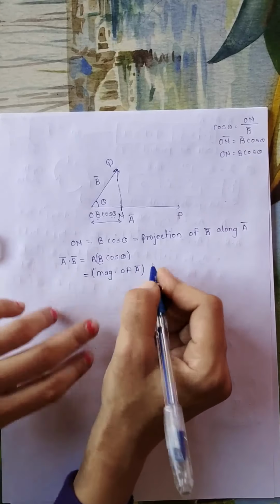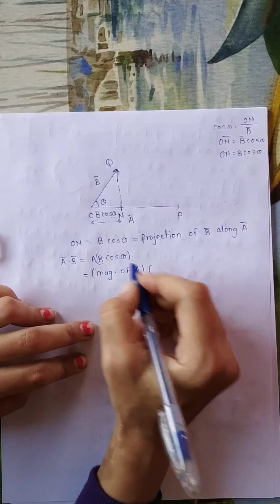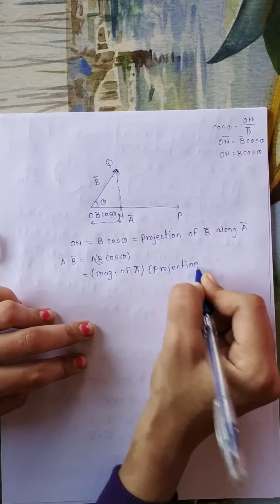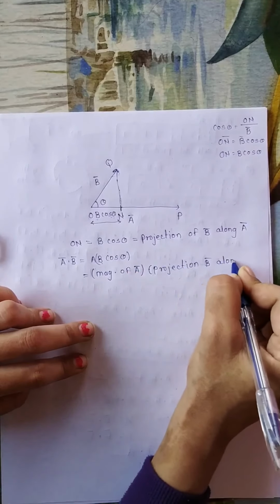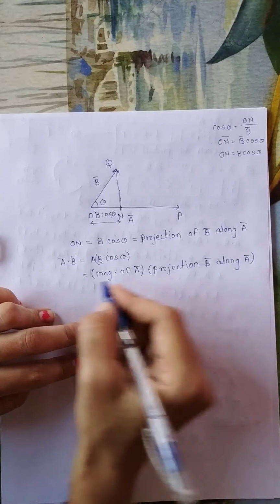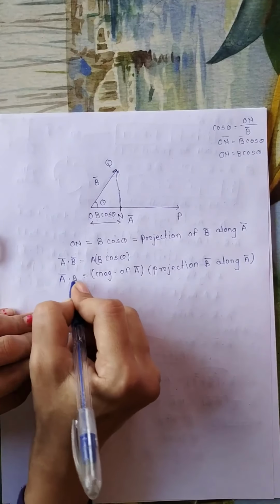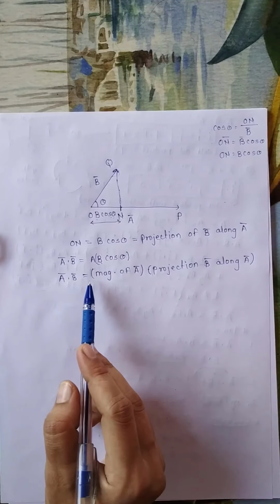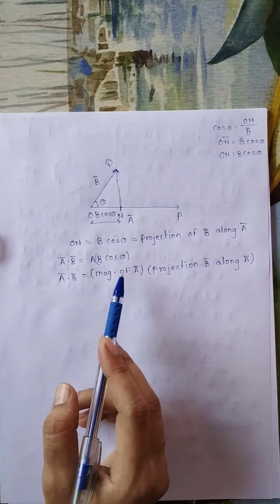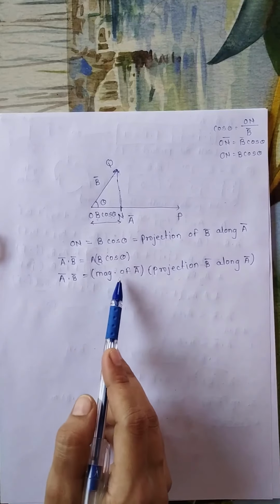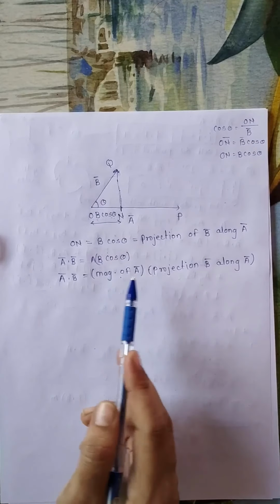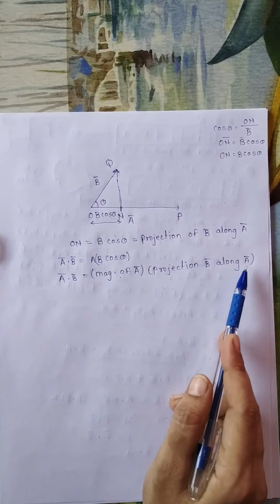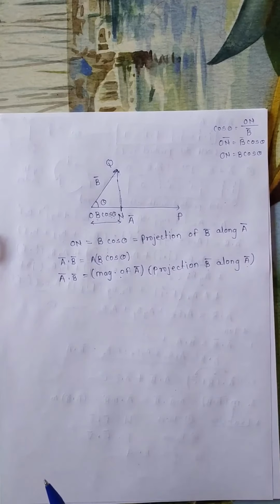So the magnitude of vector A bar multiplied with the projection of B bar along A bar is nothing but the dot product of A and B. In other words, the definition of the dot product is that it can be taken as the product of the magnitude of one vector with the projection of the other vector on it. So this is one definition, in one way.